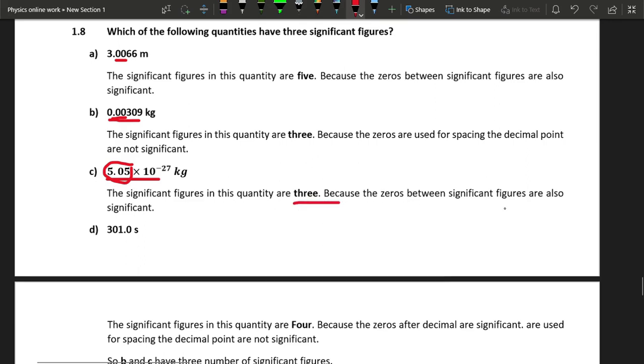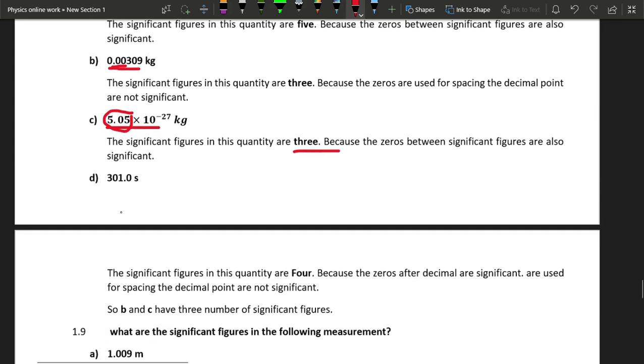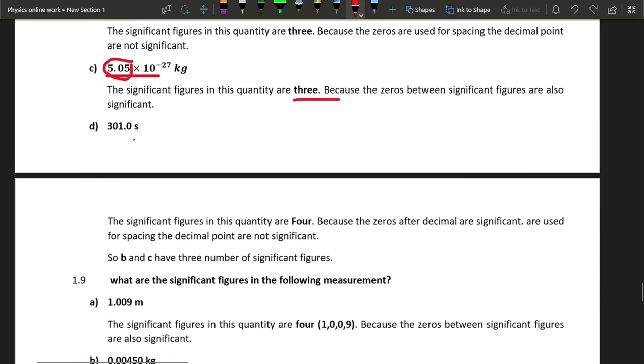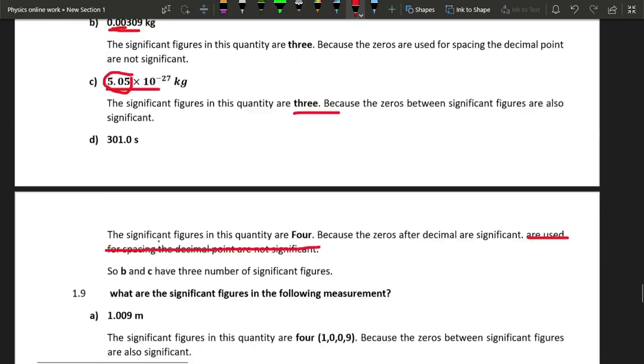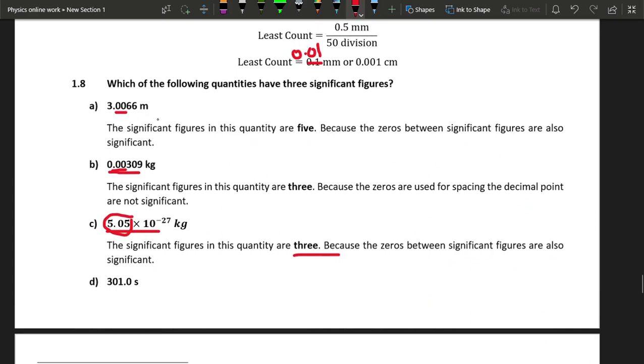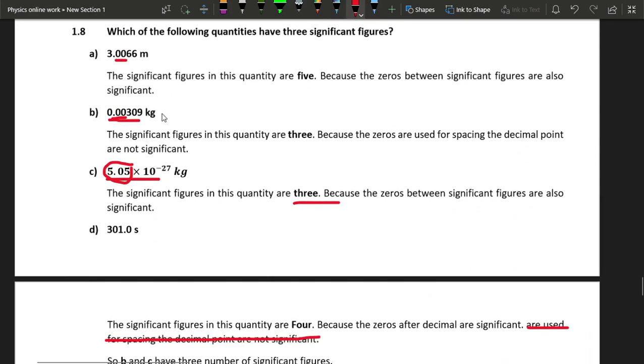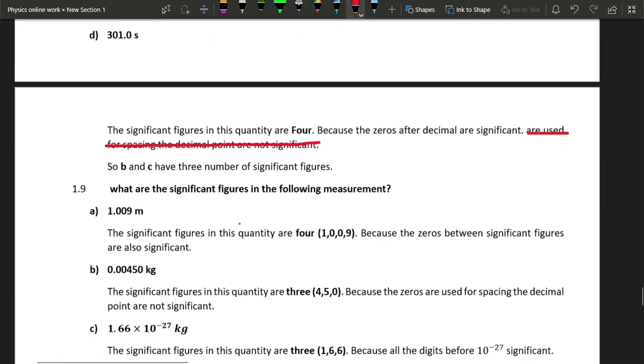And similarly 3.010 seconds, the significant figures in this quantity are 4, because zeros after the decimal are also significant. So we come to know that option B and option C have 3 significant figures.